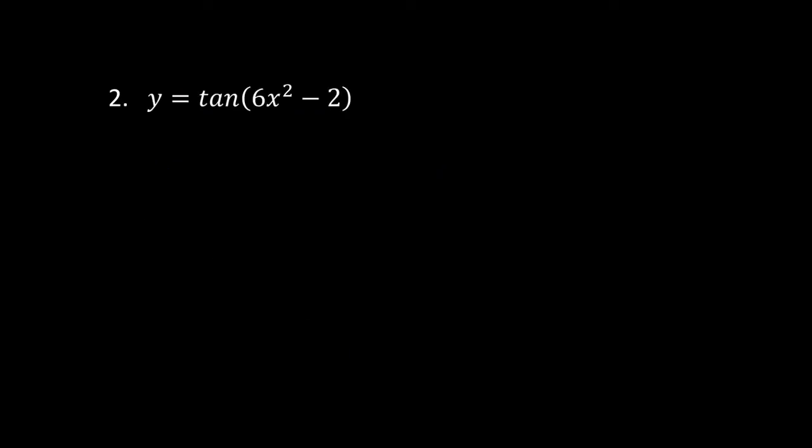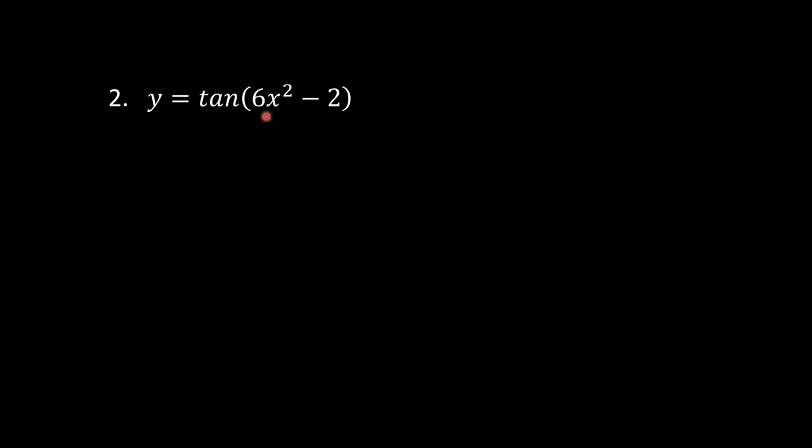Number 2, y is equal to tangent of 6x squared minus 2. We are going to apply the derivative of tangent, the chain rule, the power rule, and the difference rule for derivatives. So we are going to find the derivative of the outside function here and the derivative of the inside function.